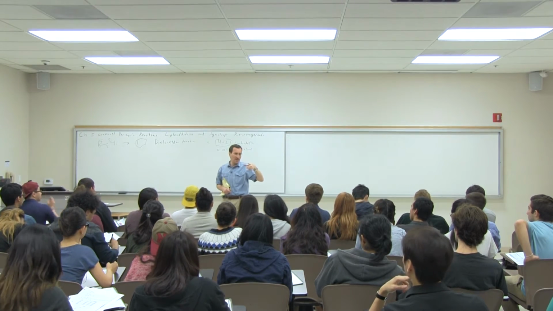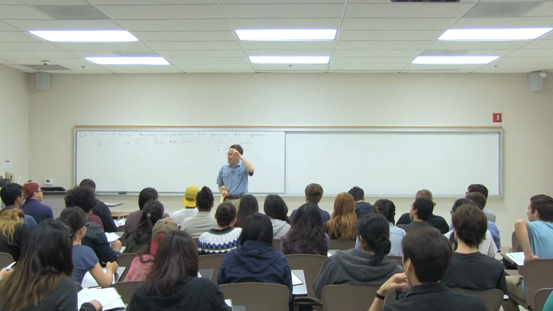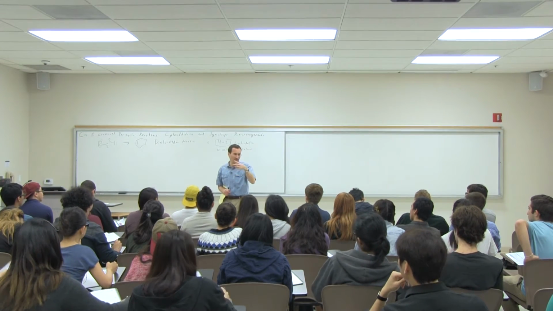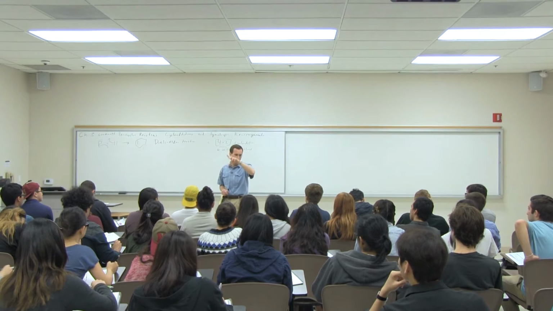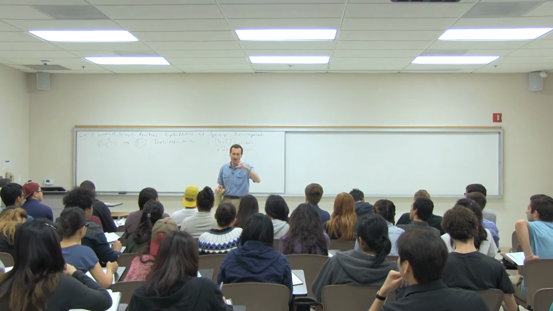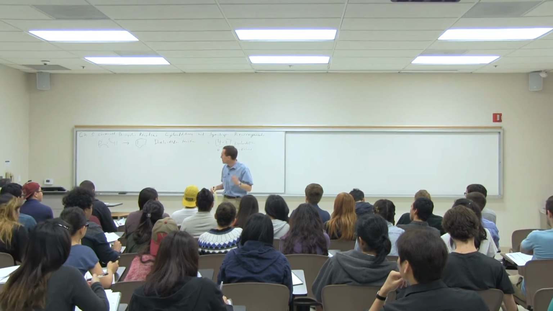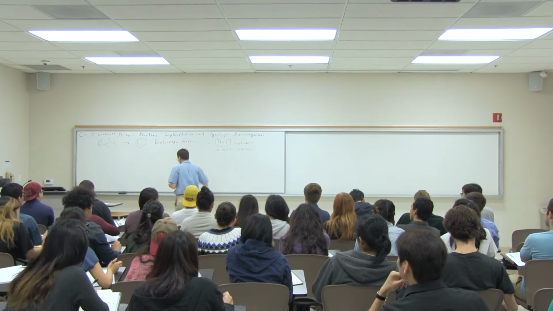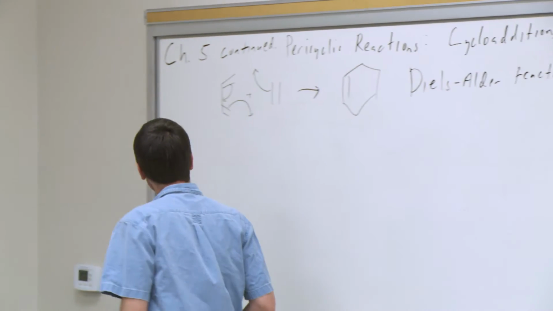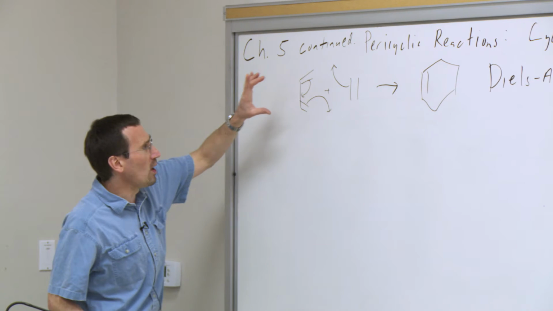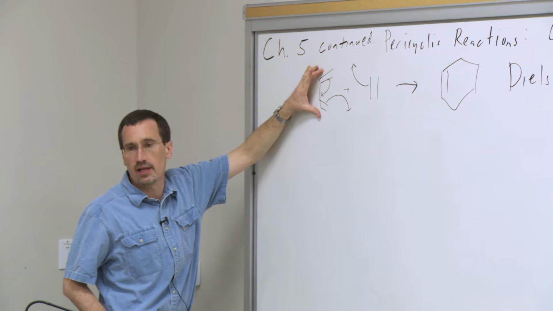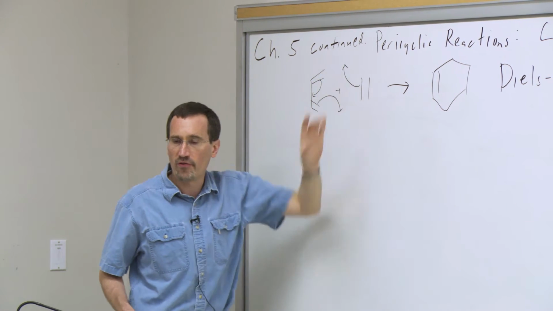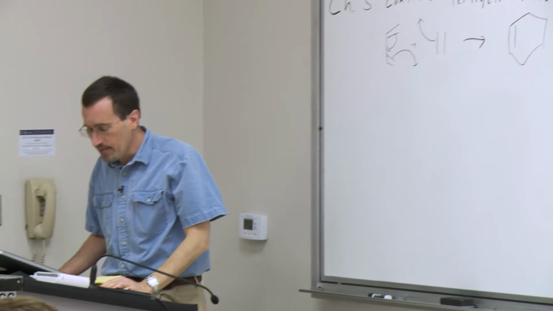Those 1,3 dipoles participate in 4+2 cycloadditions because they have 4 pi electrons involved in the process, or at least, more broadly, 4 electrons. Anyway, suffice it to say that the 4 refers to 4 electrons on this component, and the 2 refers to 2 electrons in this component.